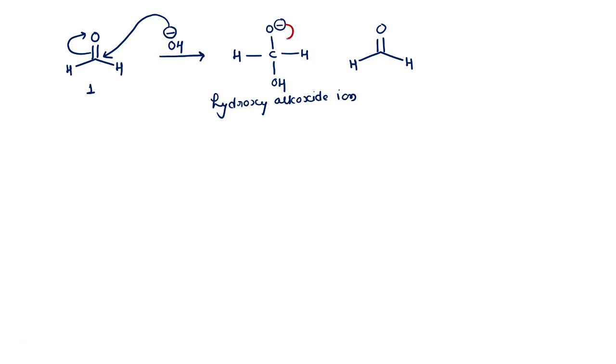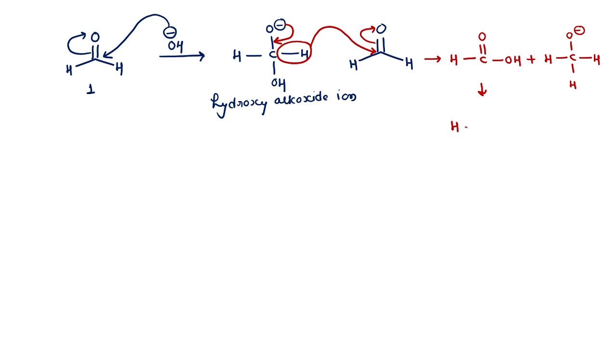Please see, this O minus will revert and this H will attack on this as H minus, and you will get the product as HC double bond O OH plus HC OH O minus H and H. This will give H plus, so it will form HC double bond O O minus Na plus plus CH3OH.